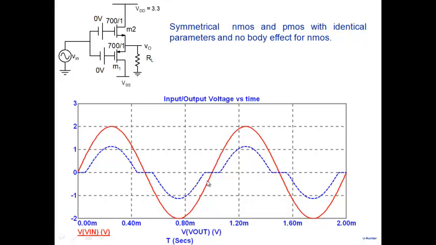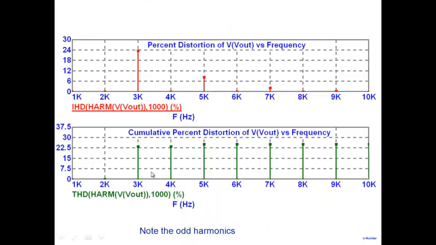So the problem, of course, is this one here, and we call this particular problem crossover distortion. There's a distortion when my signal is crossing 0. Otherwise, the signal is pretty okay. Let me show you, if I do a harmonic analysis of this waveform, this is what I find.